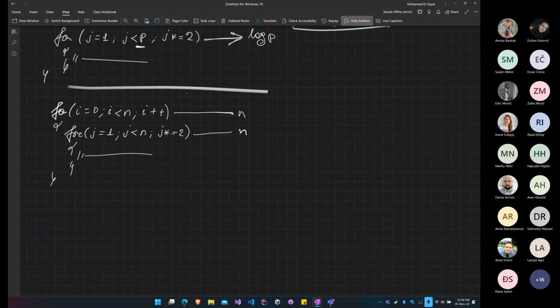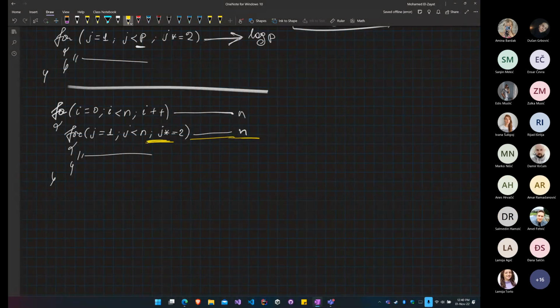Now, if I grab another pen, how much is this one running? From the perspective of this loop, it is going to be log n, isn't it? But this is actually multiplied. And this one is running for n, and then from the perspective of this loop, this one is also running for log n.